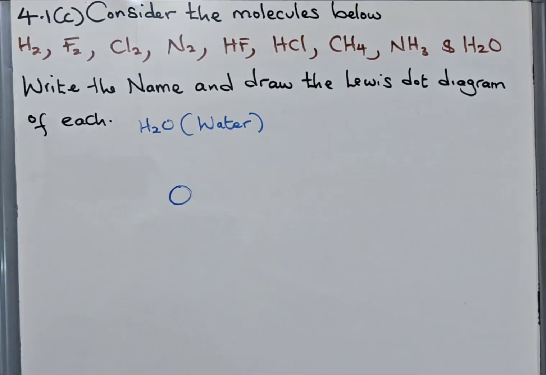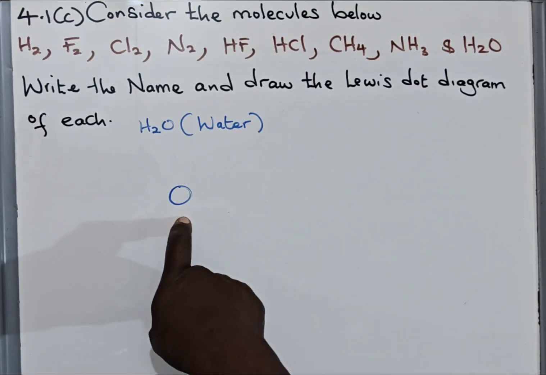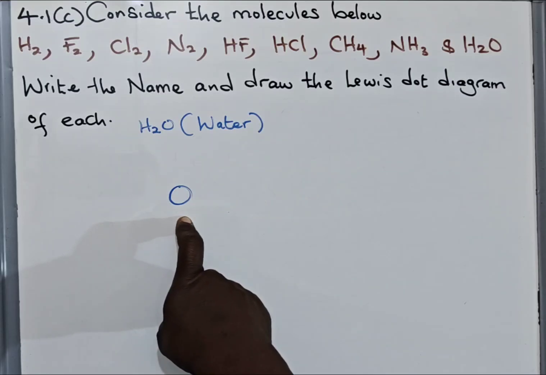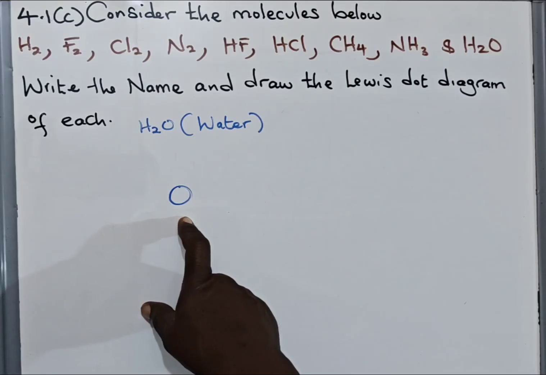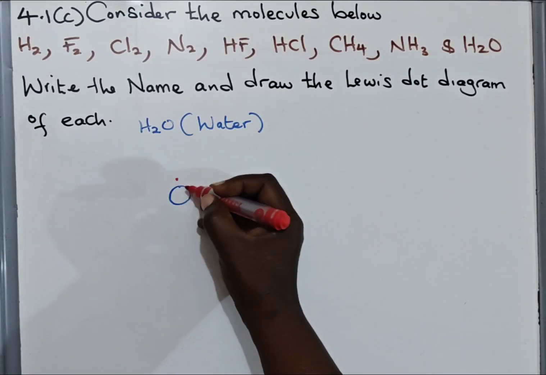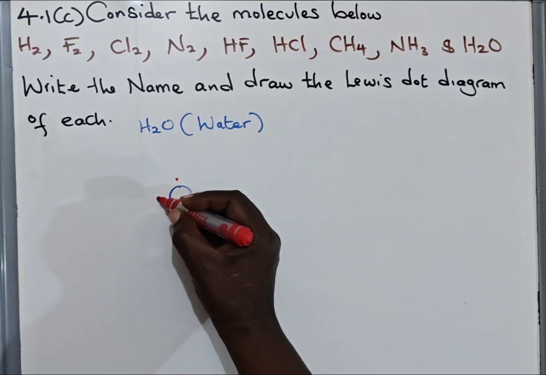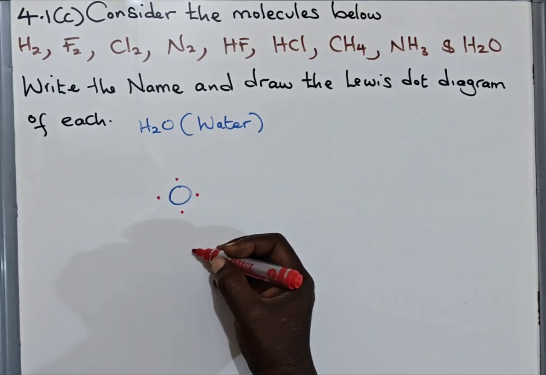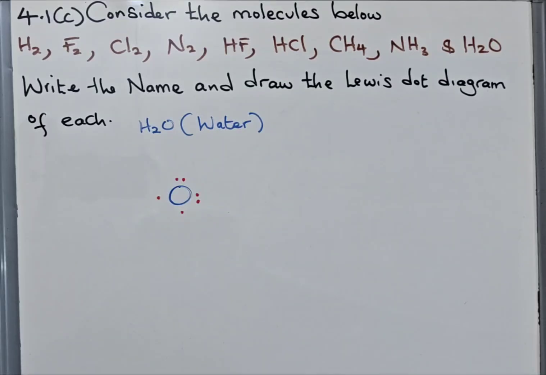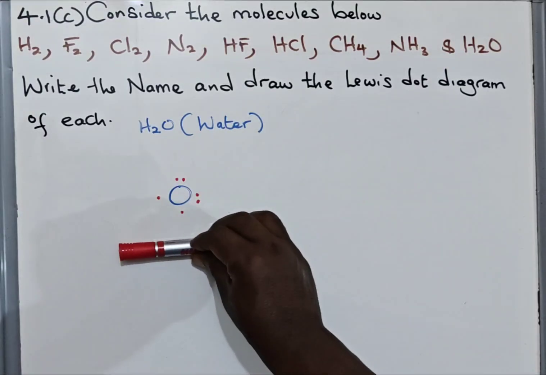Okay. And if that is true, then what do we do? You look for the group to which oxygen belongs. Oxygen belongs to group 16, implying that it has 6 valence electrons, which we indicate as 1, 2, 3, 4, then 5, 6. So when you look at this atom, it can form 2 bonds.